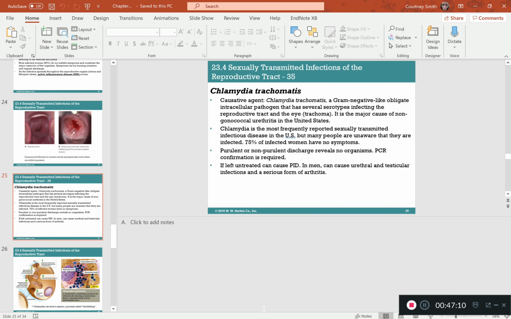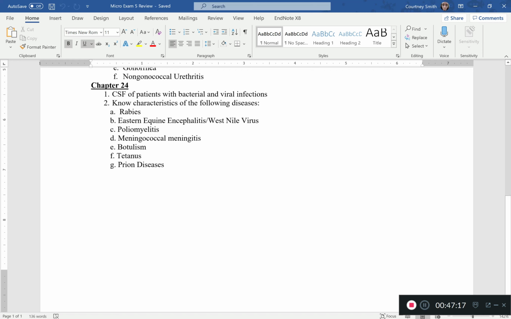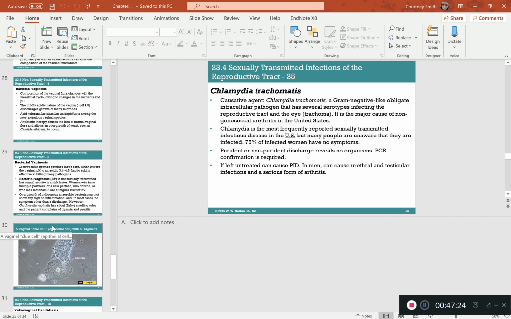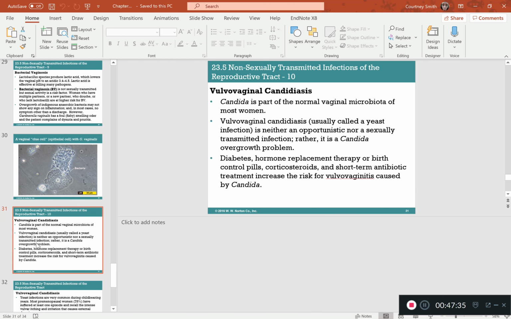Okay, I believe that's all I'm going to talk about. There are other diseases, but definitely those are the big ones. And then don't forget to look at vaginosis. The big difference with vaginosis is the clinical presentation. Between bacterial and fungal vaginosis, with bacterial vaginosis there is an odor, whereas with fungal there is no odor, but discharge is present in both.